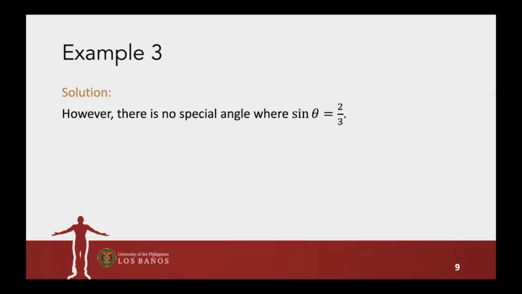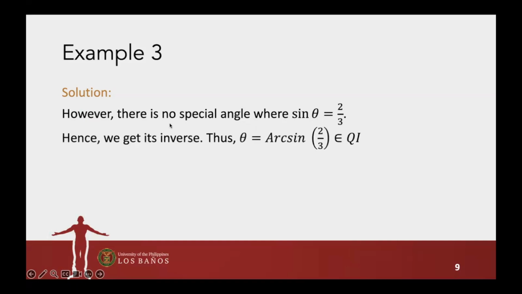All we need to do is to make use of the definition of our inverse circular function. In order to free theta from sine, we will need to get the inverse sine of both sides. So that means that theta must be equal to arc sine, capital A, of 2/3.